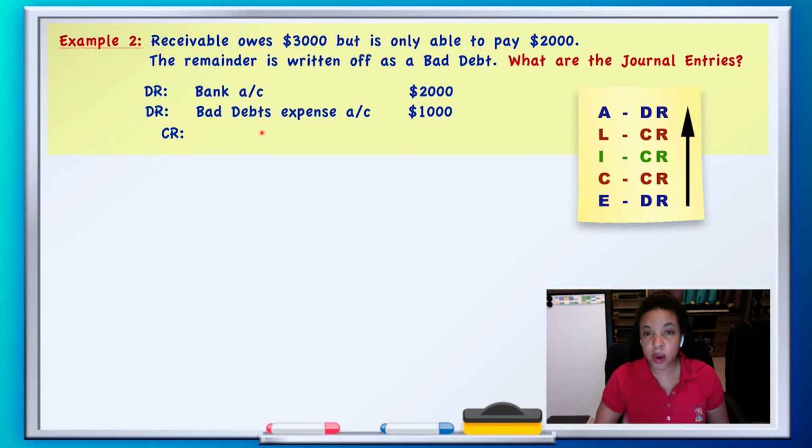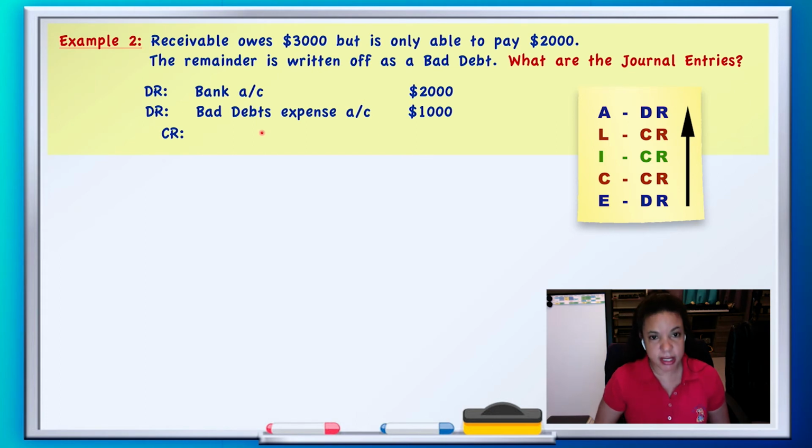But what also happened, besides the fact that they paid that money, is the remainder was written off as a bad debt. So along with owing $2,000 less, they also owe $1,000 less because we wrote that off as a bad debt. So in total, that receivable owes $3,000 less: the $2,000 he paid and the $1,000 that was written off as a bad debt.